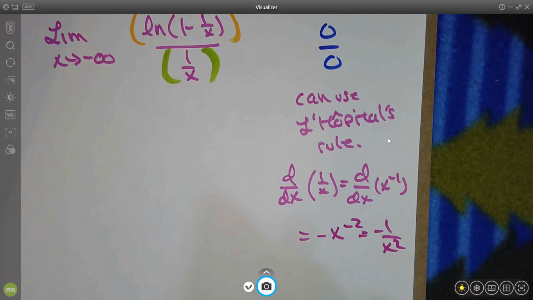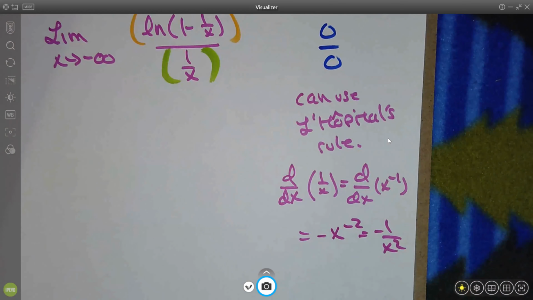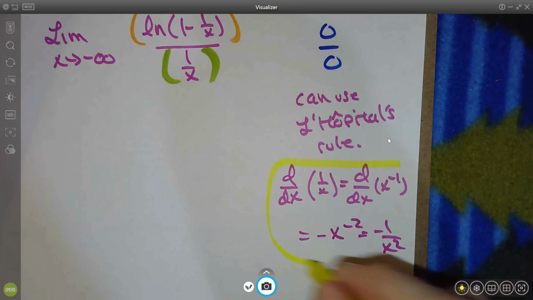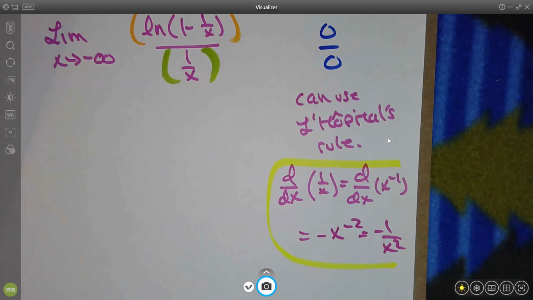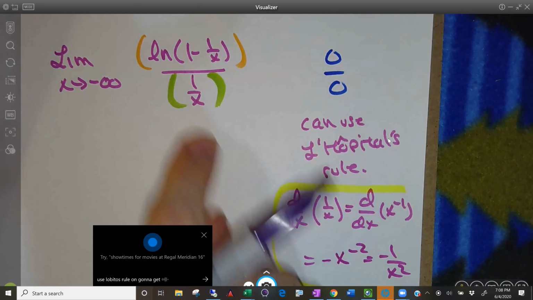So it's just a handy side calculation to have, that one right there. Let me put that in a little box. Because I'm going to use L'Hopital's rule, I'm going to get the derivative of the denominator.